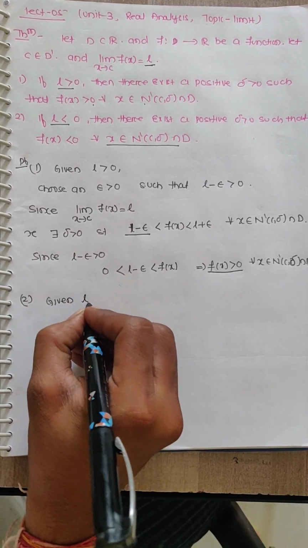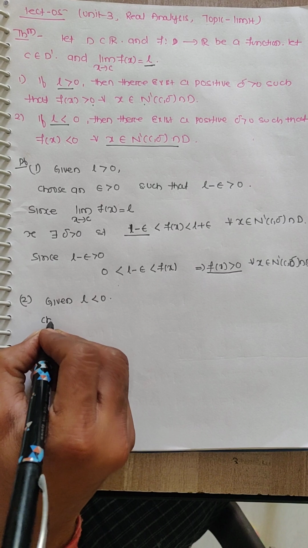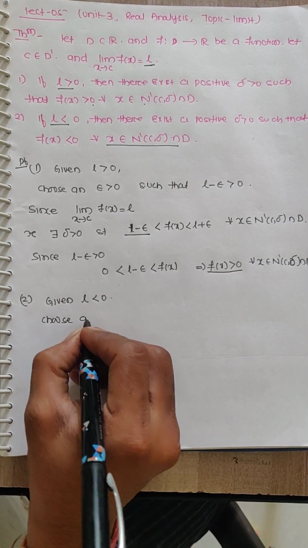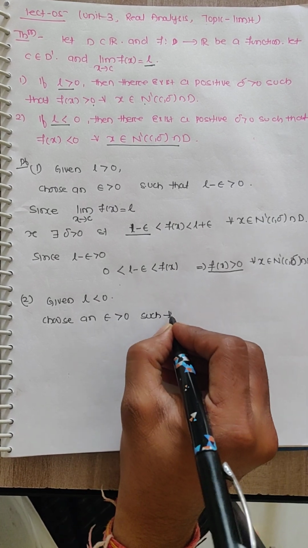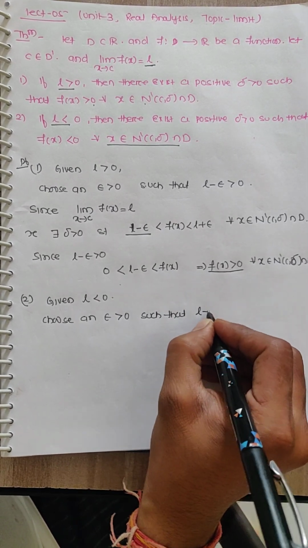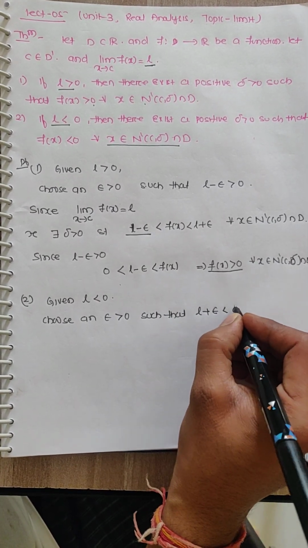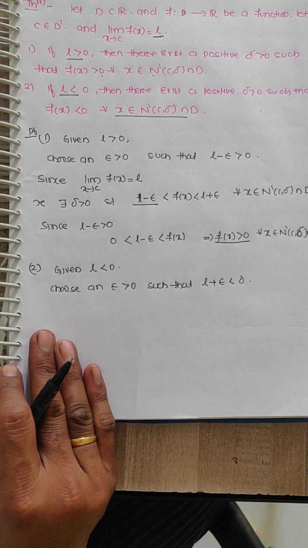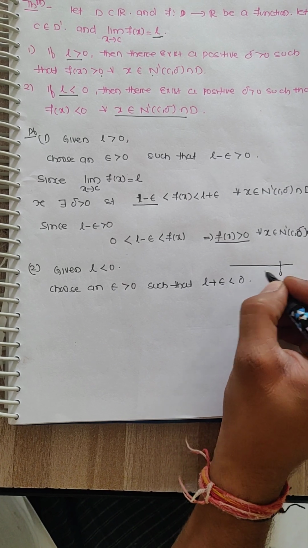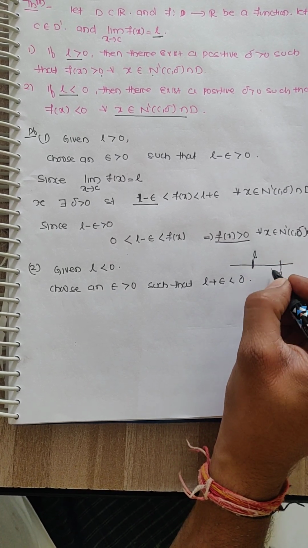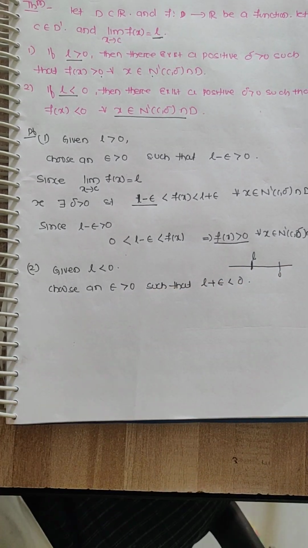Second, given L is negative, choose an epsilon positive such that L plus epsilon is still negative, and I can find that epsilon. Just see, we have 0 here. L is somewhere less than 0, meaning L is on the left side of 0.